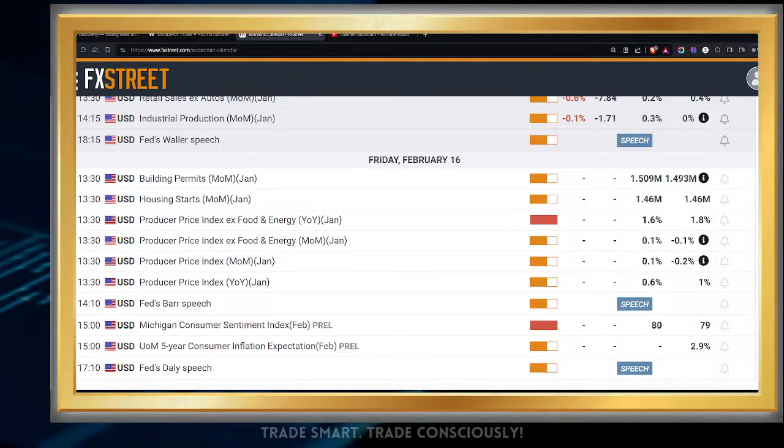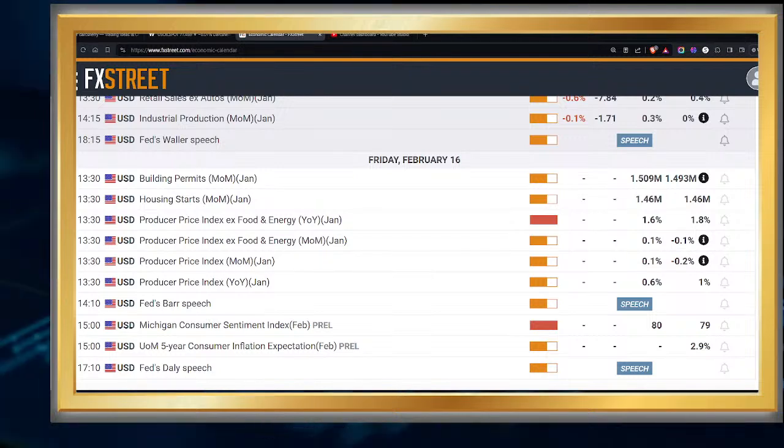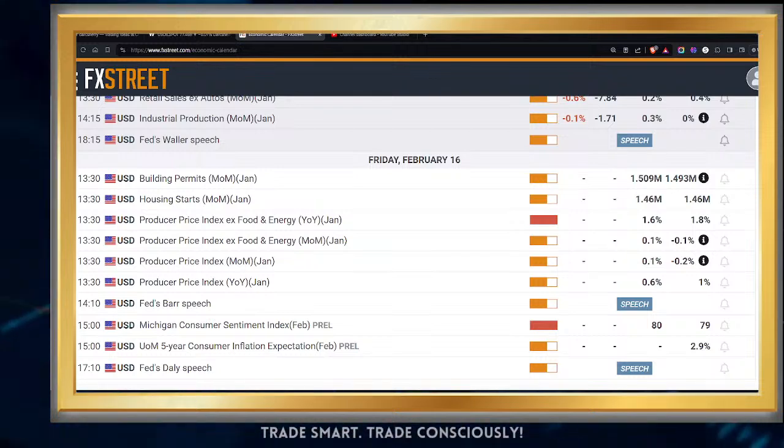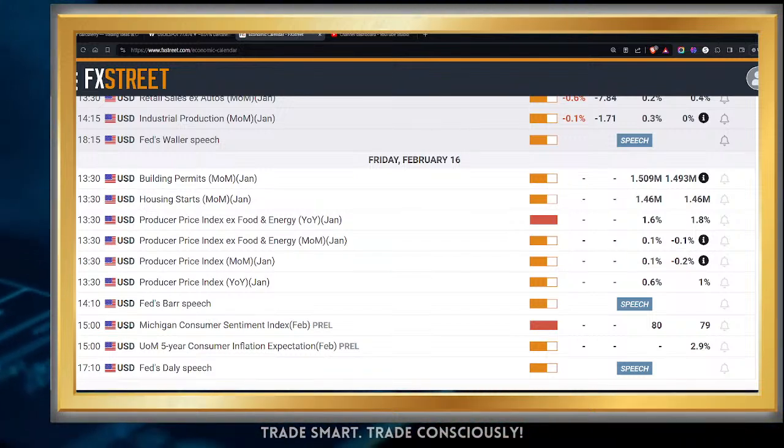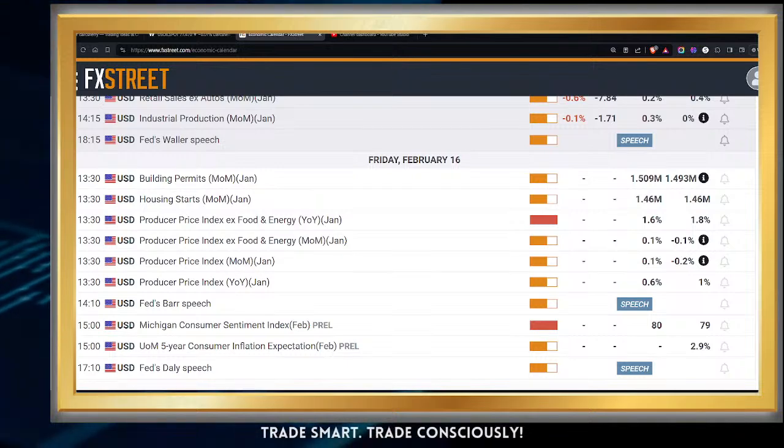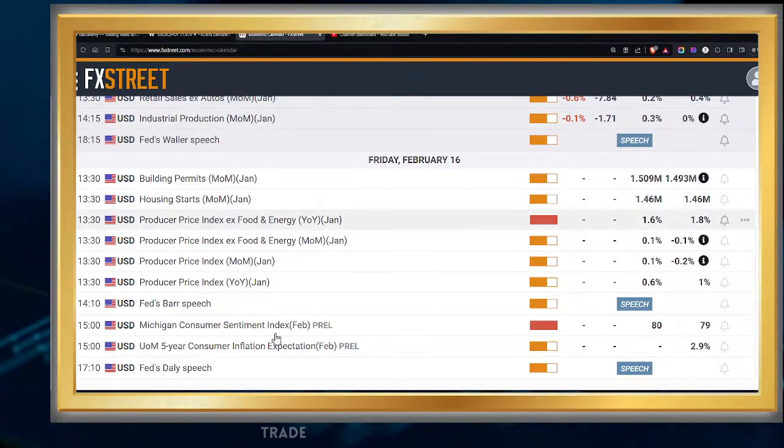Whatever these Fed officials say as a way of influencing the financial market, their remarks and statements will provide insight into the Fed's monetary policy stance, economic outlook, and potential future policy action. So we shall be looking forward to this event.